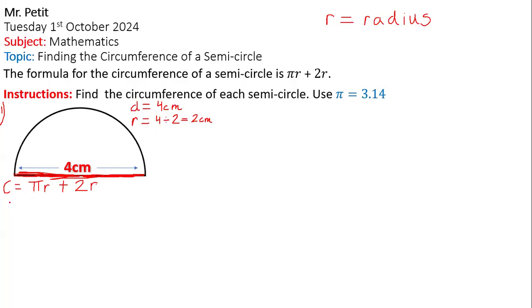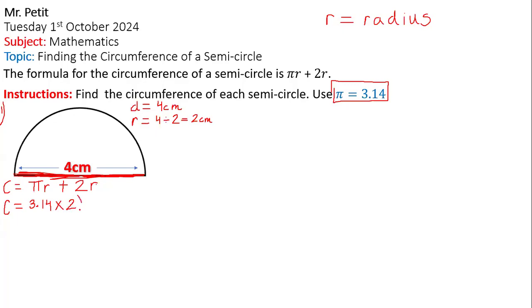Next, we need to say that the circumference is going to be equal to, what is pi in the question? 3.14. Yeah, pi is 3.14. And so we're going to say 3.14, which is pi, multiplied by r, which is 2.